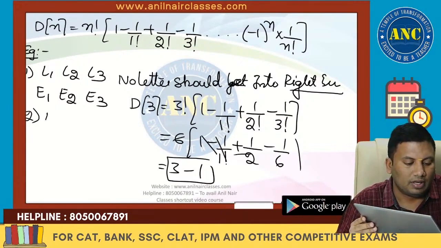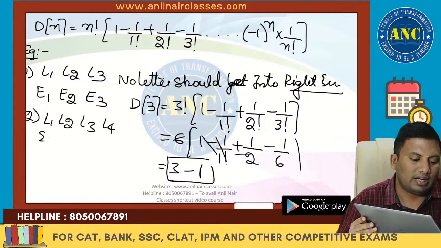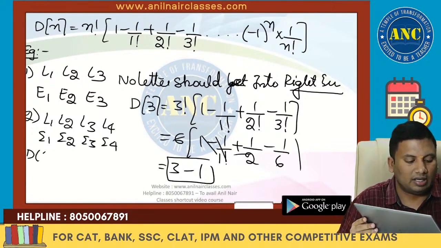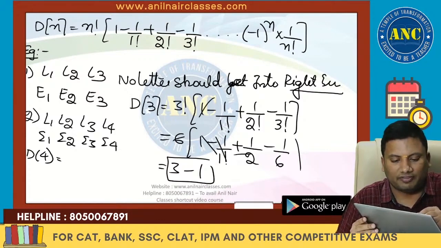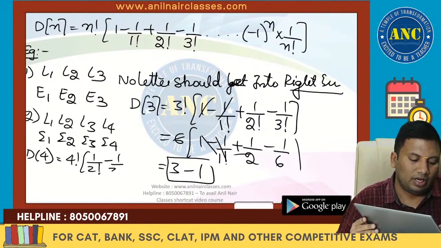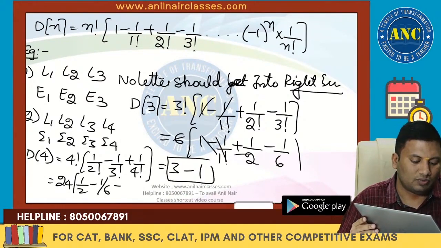Another example. Suppose 4 letters are there. 4 letters should not get into their respective envelope. This is nothing but D of 4. 1 minus 1 factorial is 0. So this is 4 factorial into 1 by 2 factorial minus 1 by 3 factorial plus 1 by 4 factorial. 24 into 1 by 2 minus 1 by 6 plus 1 by 24.